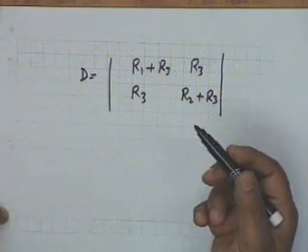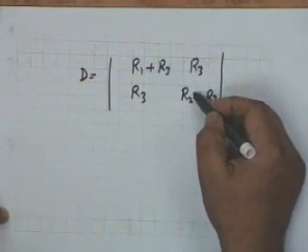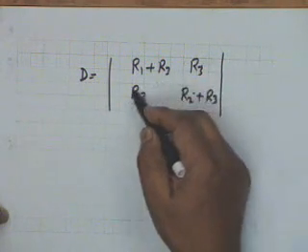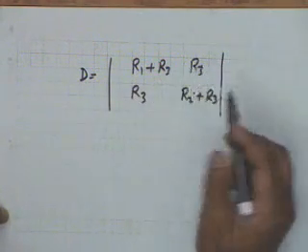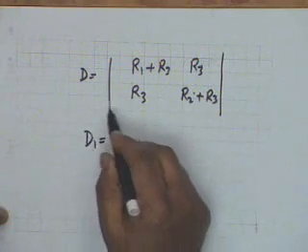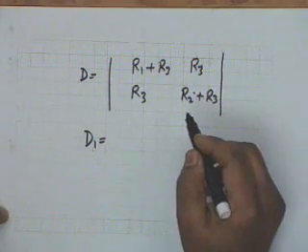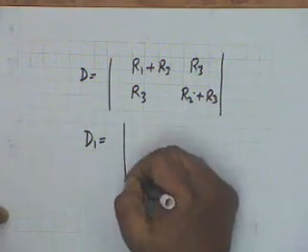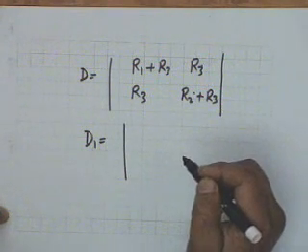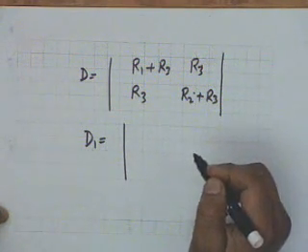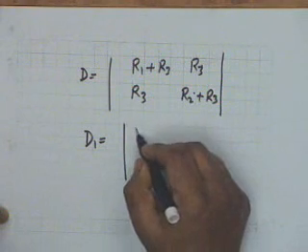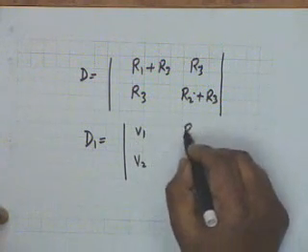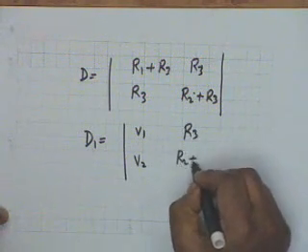This determinant is a 2 by 2, so product of these two minus product of two R3s, and D1 is the same determinant but with the first column replaced by the right hand side matrix, that is V1 V2, R3, R2 plus R3.